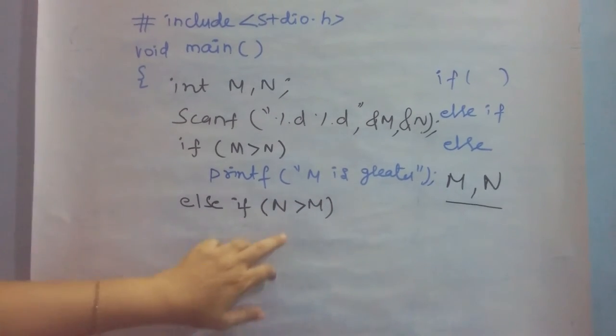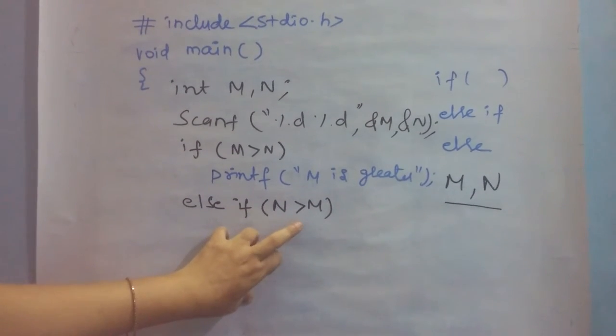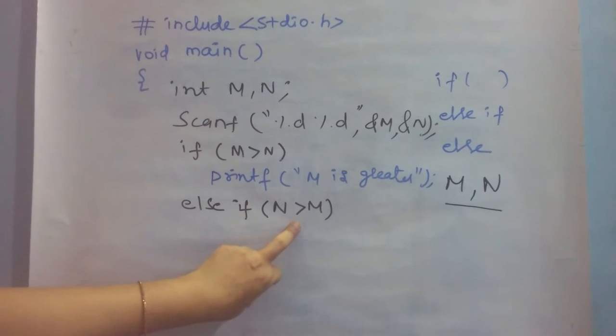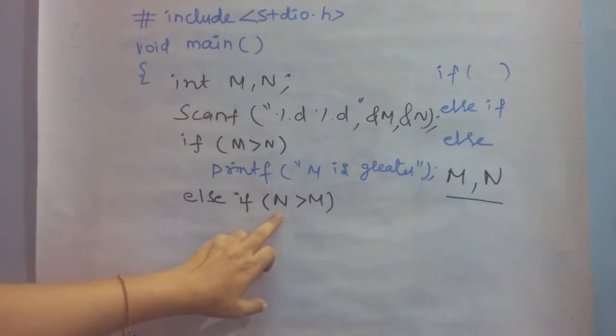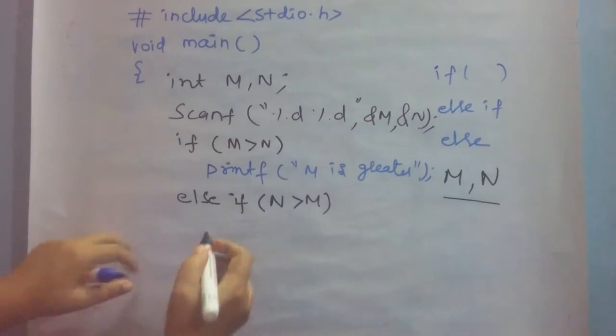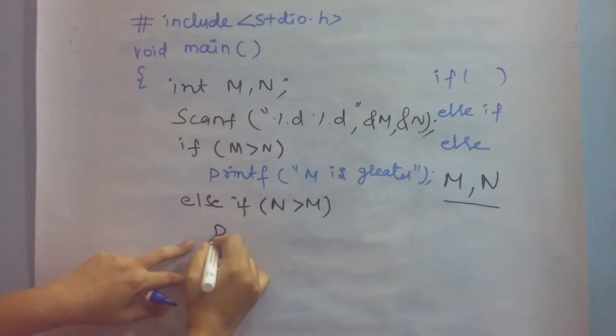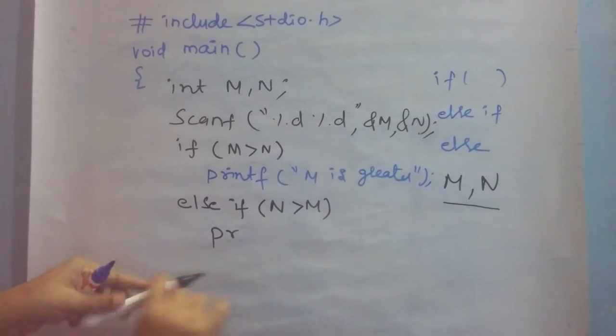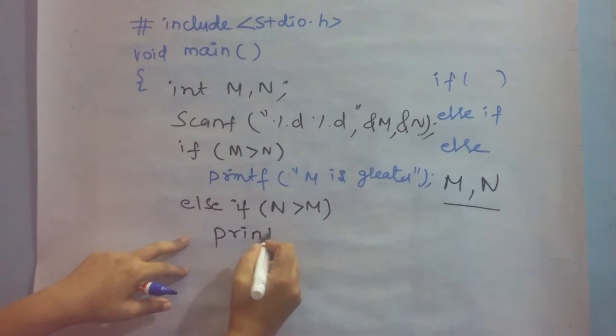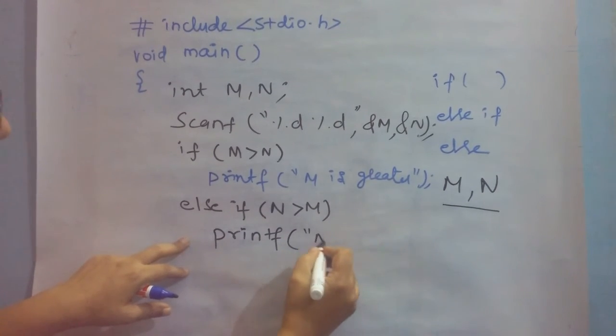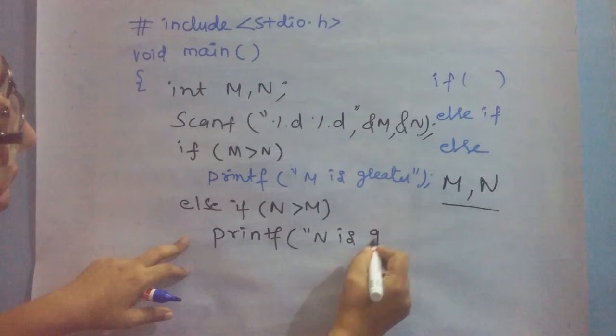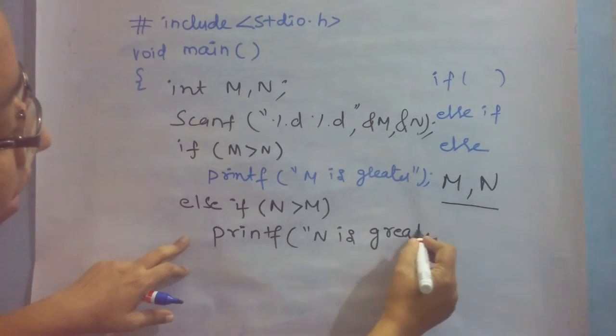When we evaluate this condition, if it evaluates to true, meaning that n is greater, then I'm going to print n is greater.